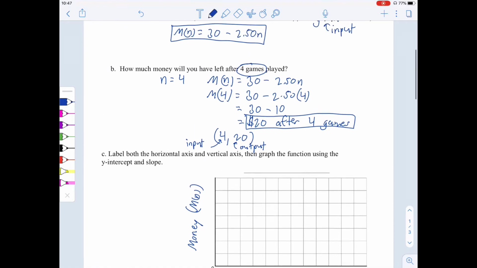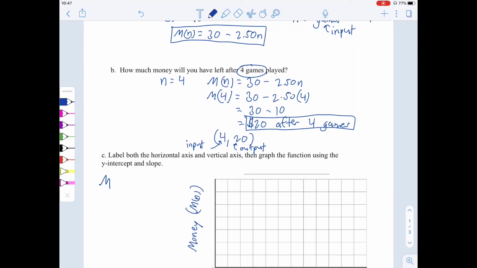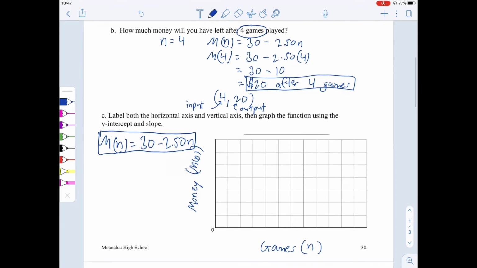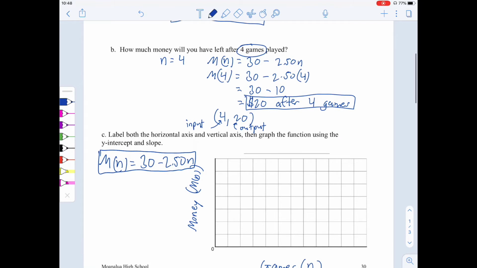Now we're going to graph the function using the y-intercept and slope. So again, we write down our equation: m of n equals 30 minus 2.50n. We can identify what the y-intercept is and what the slope is. Your y-intercept is your initial value. How much money did we start with?